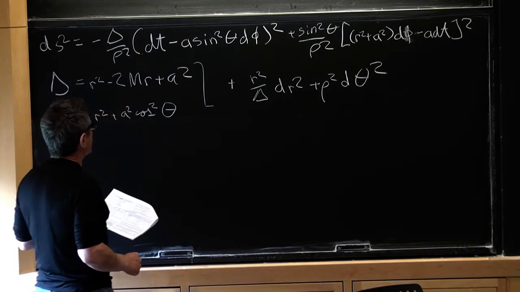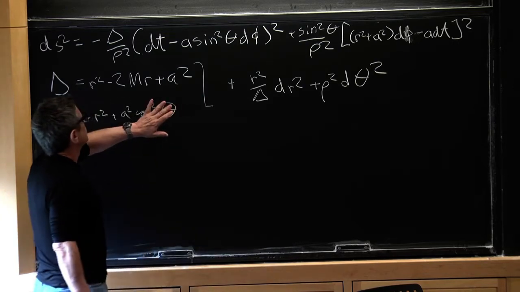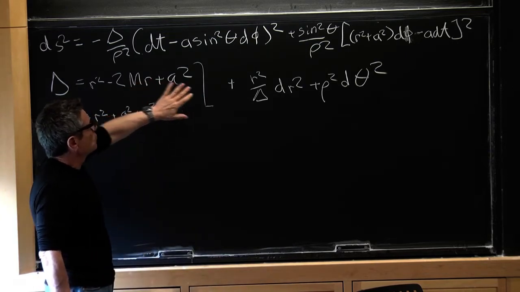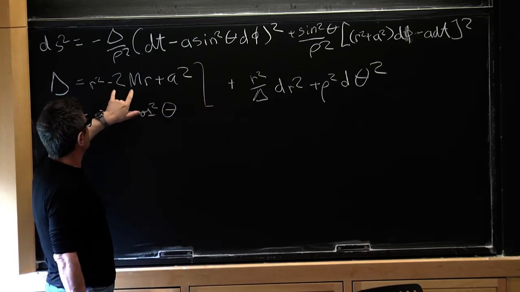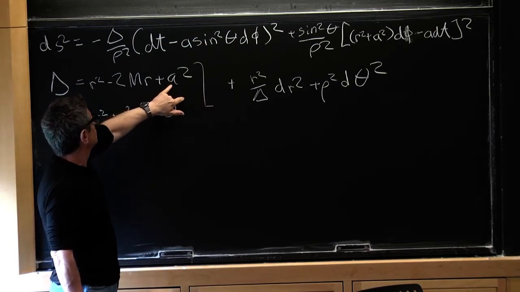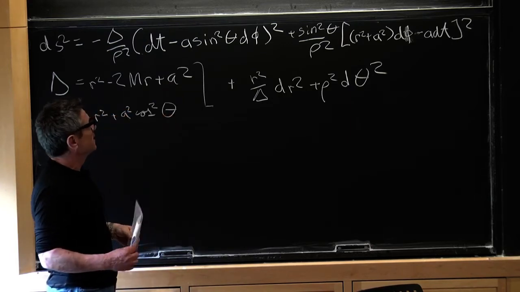And in fact, we saw that the Reissner-Nordstrom metric could also be written in this form, but with a plus q squared instead of this plus a squared.